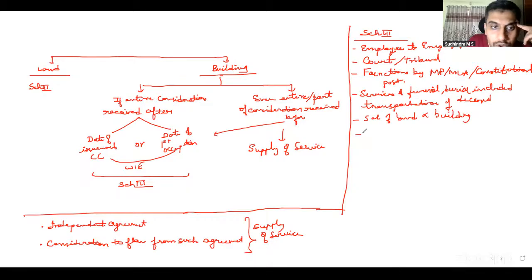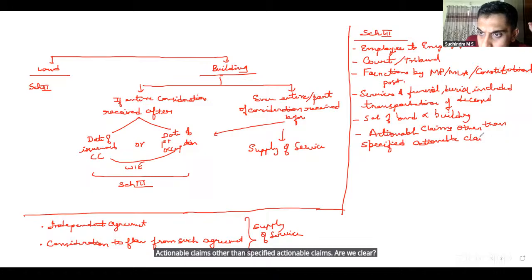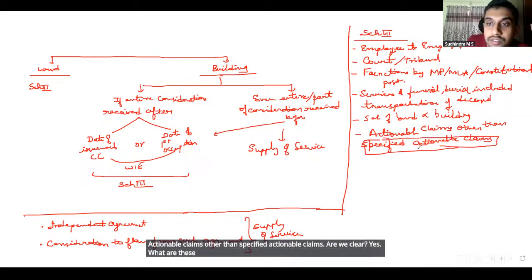Then the last one, which is more important for us, is actionable claims other than specified actionable claims. Are we clear? What are these specified actionable claims?